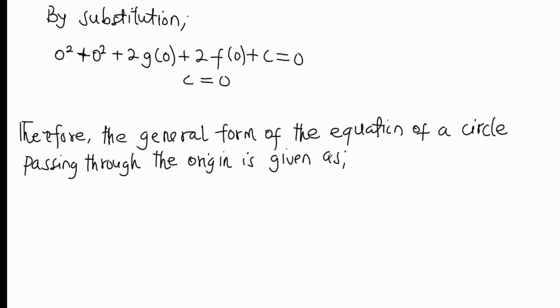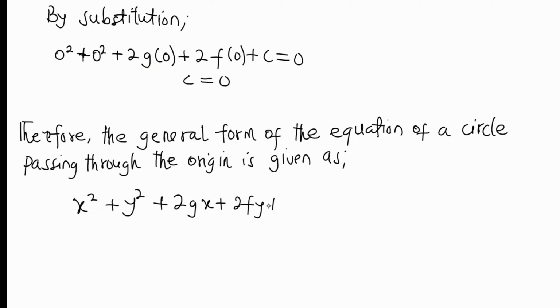So if you know that the general form of the equation of a circle passing through the origin has c equal to 0, then it means that we have x squared plus y squared plus 2gx plus 2fy. Remember, if it's the general form of the equation of a circle, then it's going to be plus c. But we proved that if this general form is passing through the origin, then c is equal to 0.